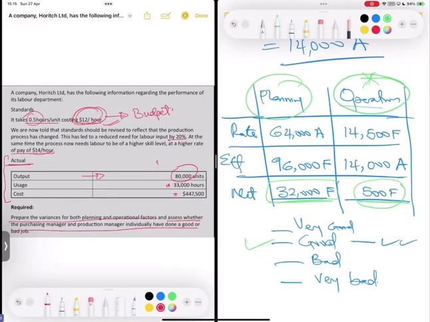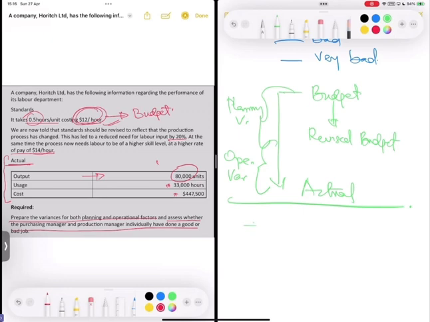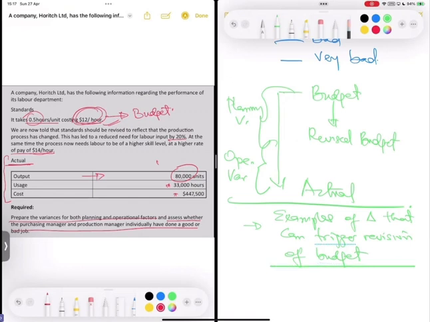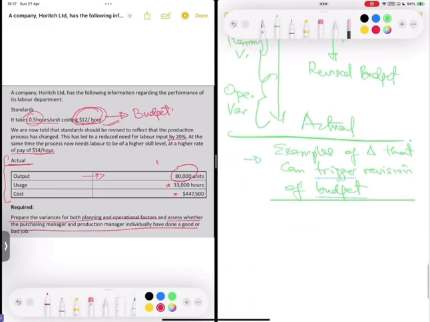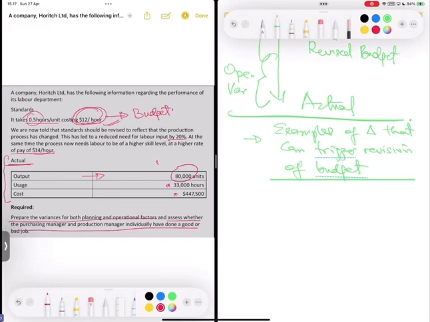But let me quickly mention examples of changes that can trigger revision of budget. Remember, like I said, only senior managers should change the budget, which means it's not all the time that you just sit down and be changing the budget.